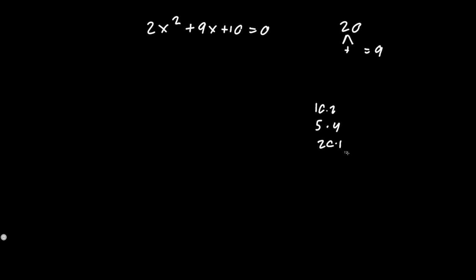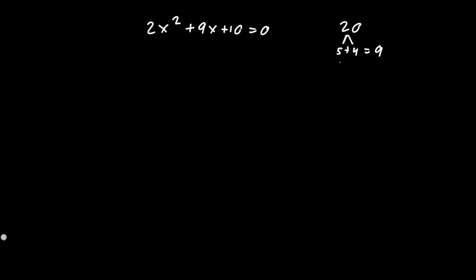But we see that 20 times 1 isn't going to work. Neither will 10 times 2. But the only combination is going to be 5 times 4. So we have 5 and 4. And here we see that 5 times 4 is 20, and 5 plus 4 is 9.